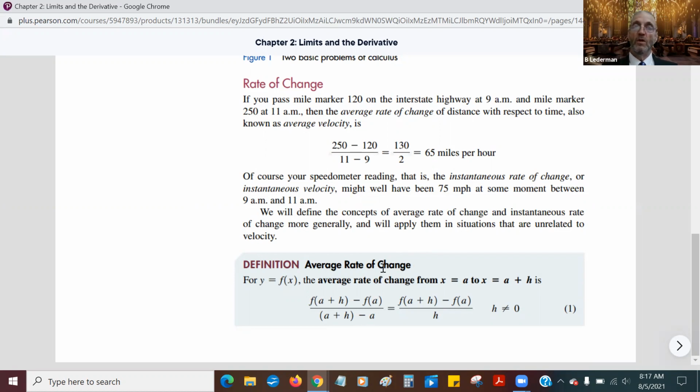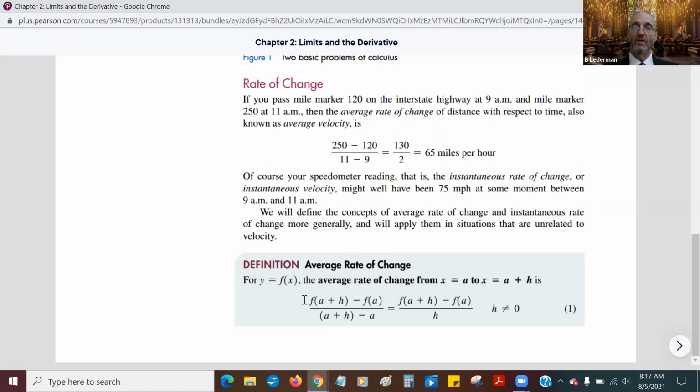And we want to figure out the rate. Well, if I take f of a plus h minus f of a, that's really how far you went in that time, because you started out at f of a, and then you ended up at f of a plus h.